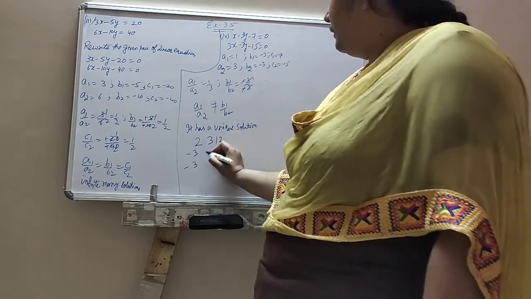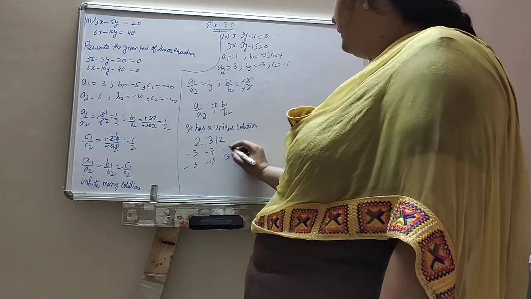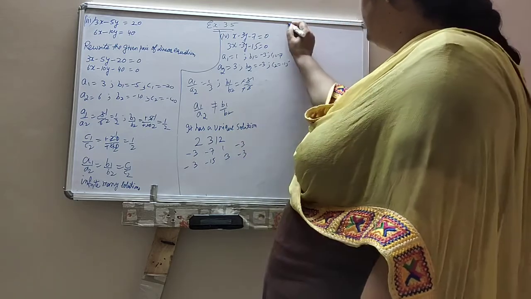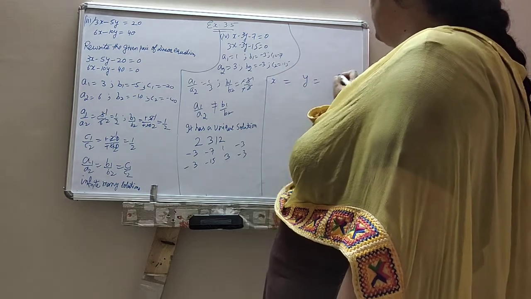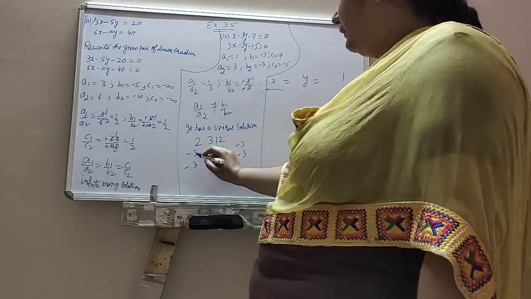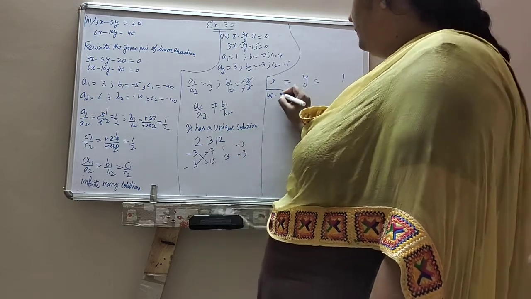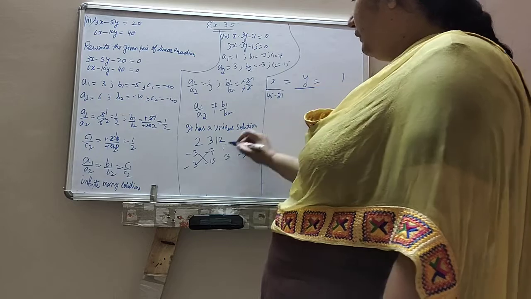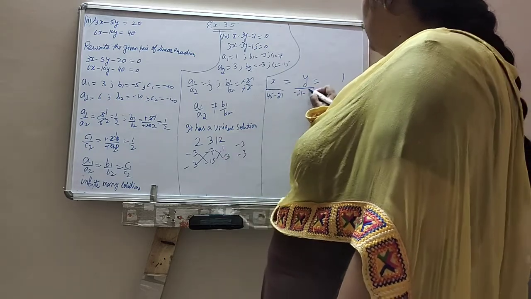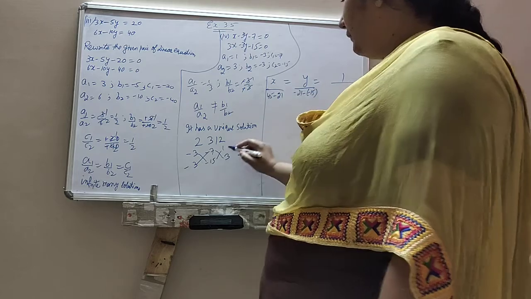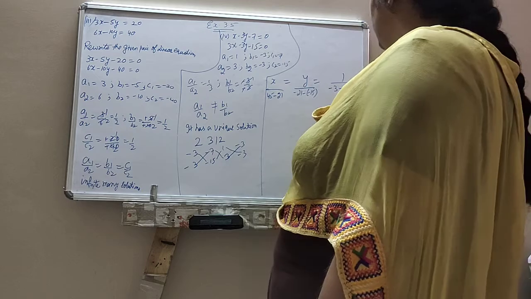-3, 3, -7, -15, 1, 1/3, 2, -3. So it is x equals to y equals to 1. X this 45 minus 21, minus 21 minus 15, minus 3 minus 9.